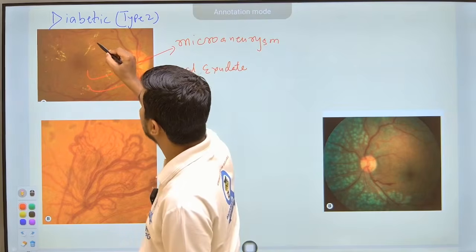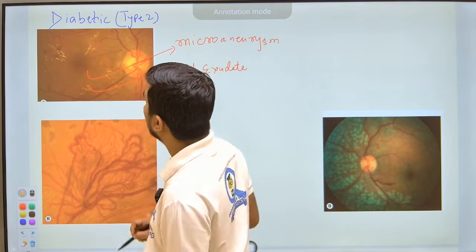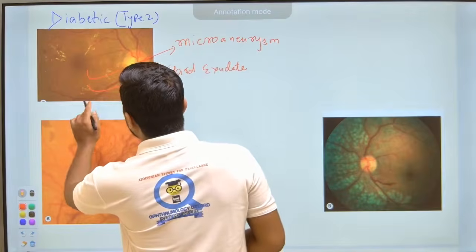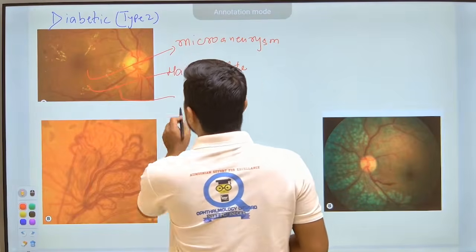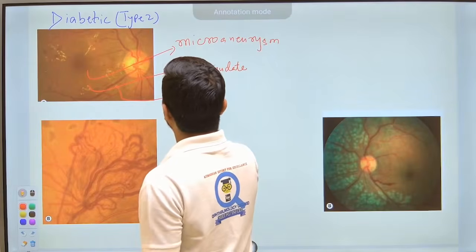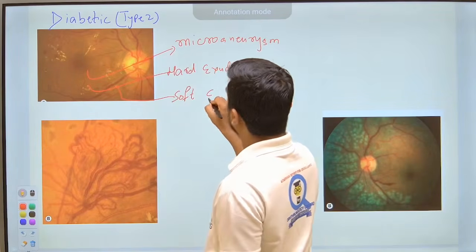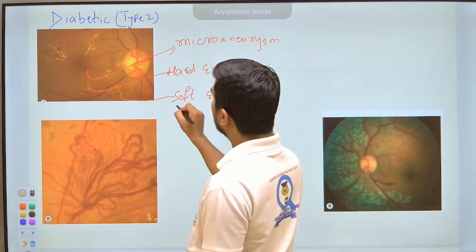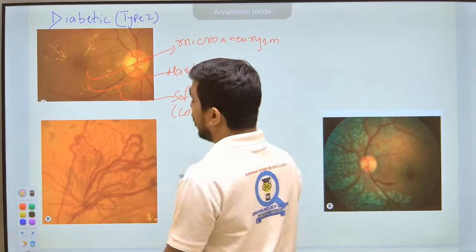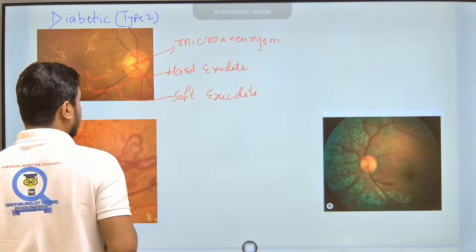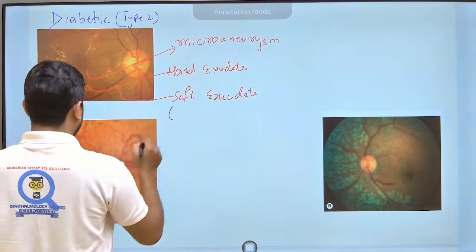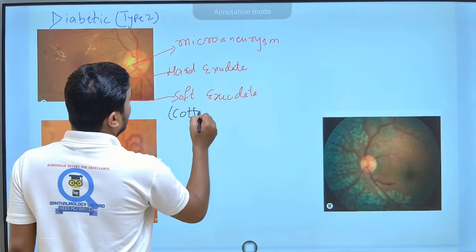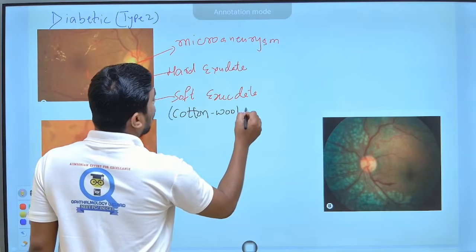You can see here. Now somewhere if you see areas with a fluffy margin, that is called soft exudate. Soft exudate is also called cotton wool spot.